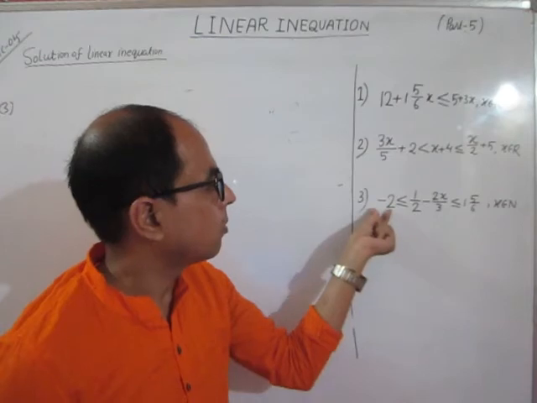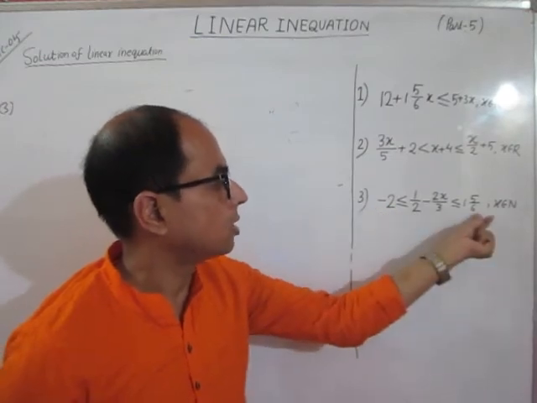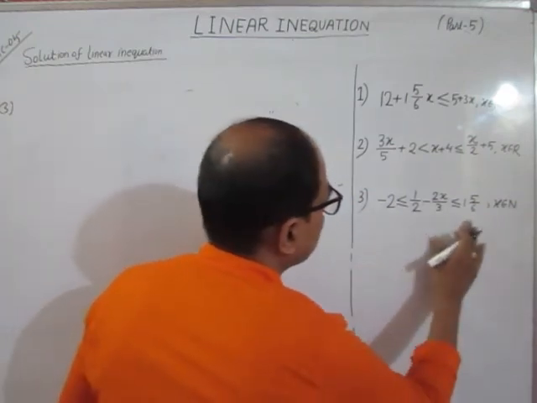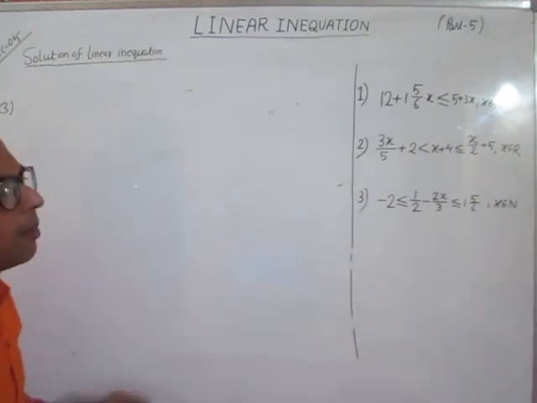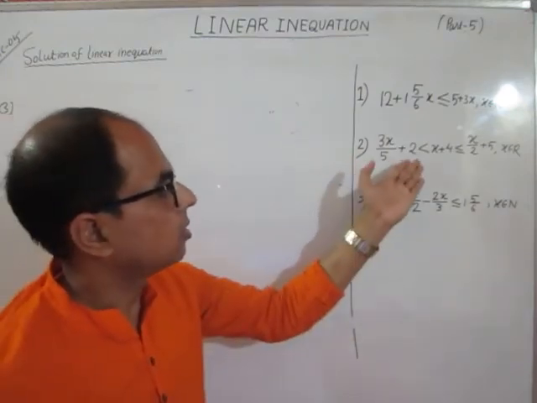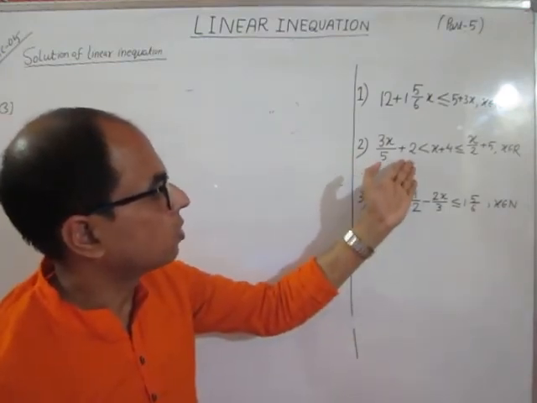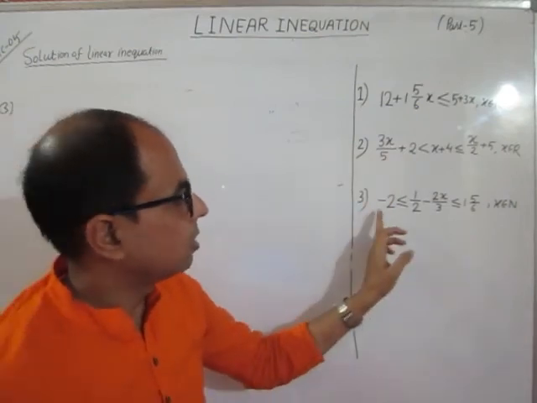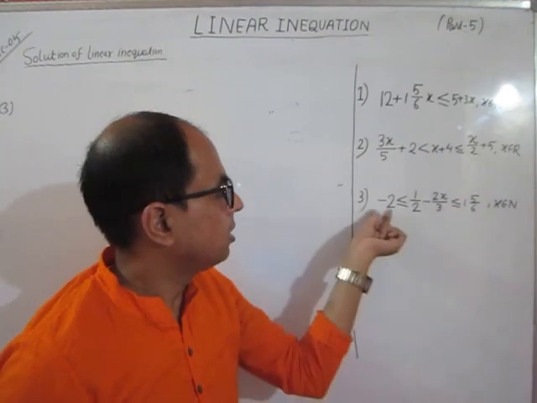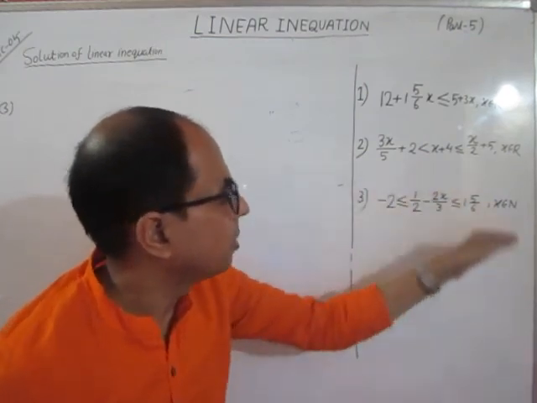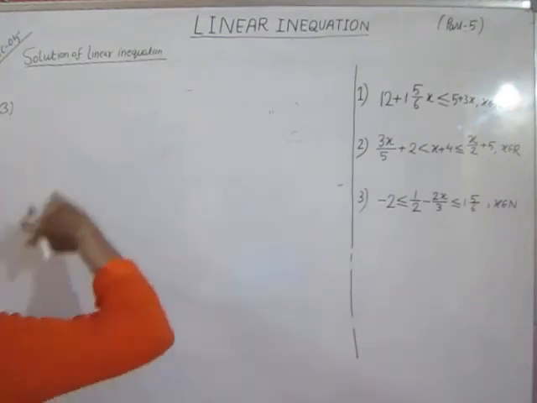There is no term of x on either side. So to solve this type of inequation we have two methods. One method we can use is the same as in question number 2, but one advantage is there because there is no x on these sides, so another method is also there to solve this one.